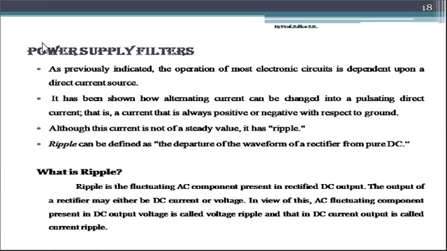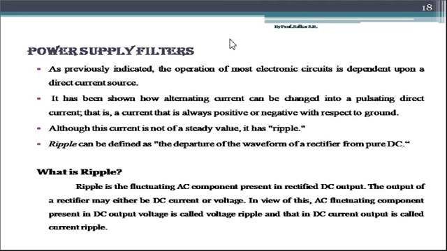So, power supply filters. What actually is a filter? As we have already seen during the block diagram explanation, filters are the circuits connected immediately after the rectifier. These filters are used to filter the rectifier output. We know the rectifier gives us the output in terms of pulsating DC, that is it contains AC as well as DC. So what is the function of a filter?